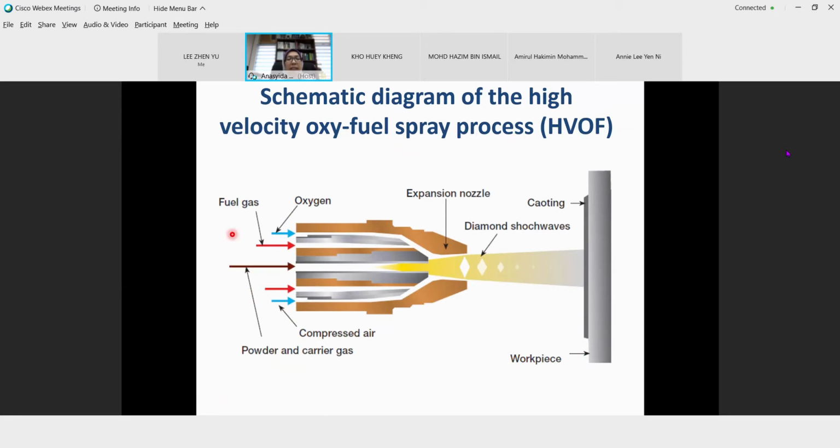They are also using fuel gas and oxygen, but they also have other carrier gases to accelerate this process as compared to flame spraying. So they have other gases included to give high velocities of gases which can accelerate the molten atoms towards the substrate.